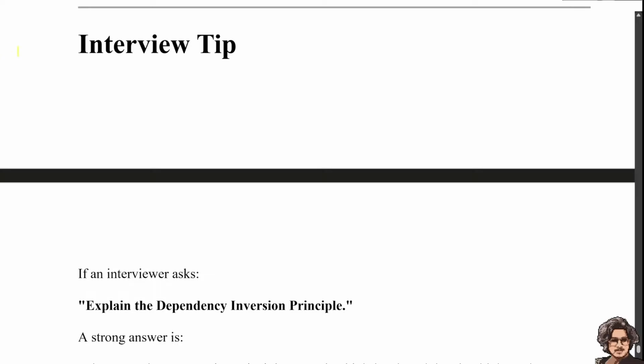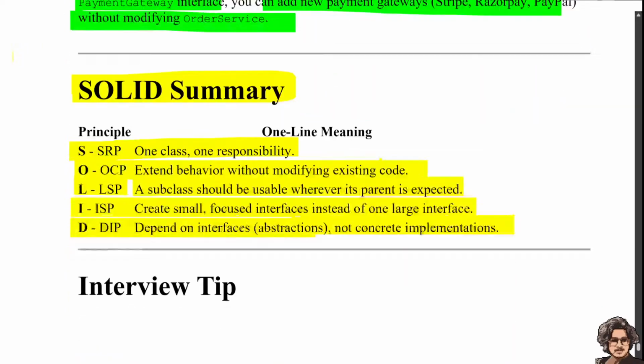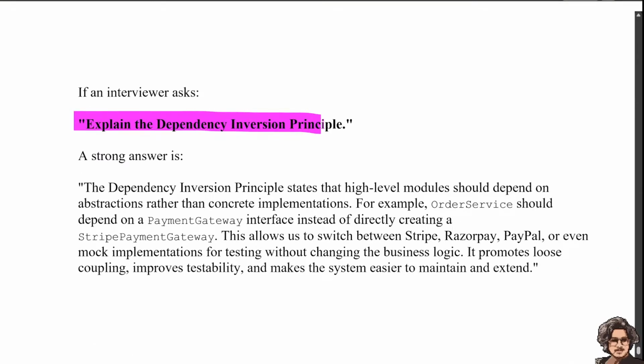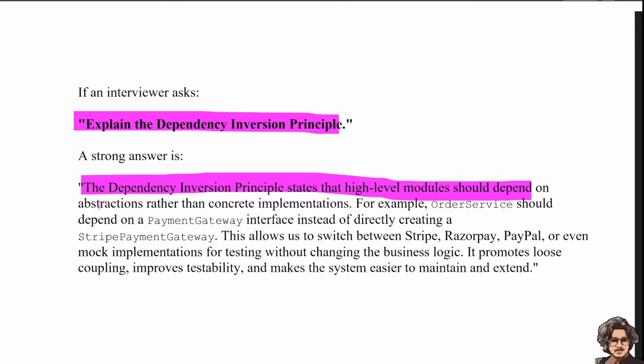So what is the interview tip for DIP? If asked to explain the dependency inversion principle, we can say that the high level module should depend on the abstraction rather than on the concrete implementation.